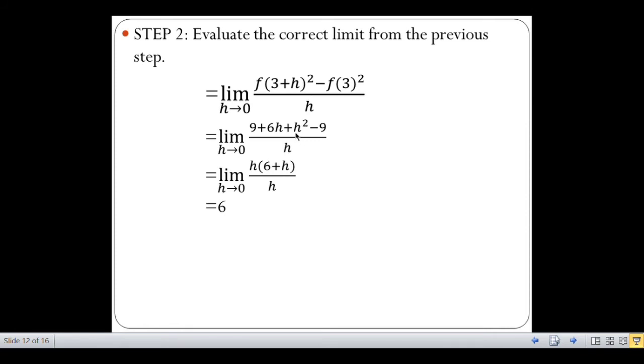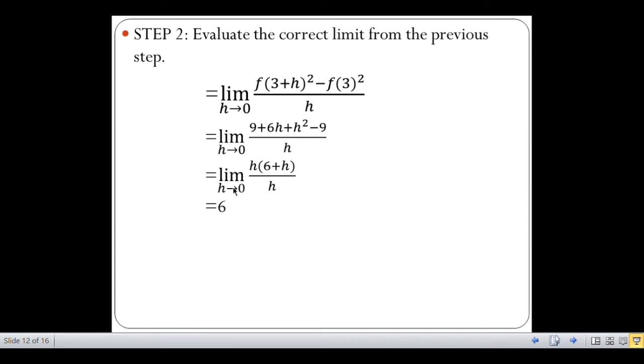So, again, if-factor out natin yung 6h plus h squared, the factor is h, the quantity 6 plus h, over h. Next, i-cancel out natin yung h. So, yung natira na lang po is 6 plus h.